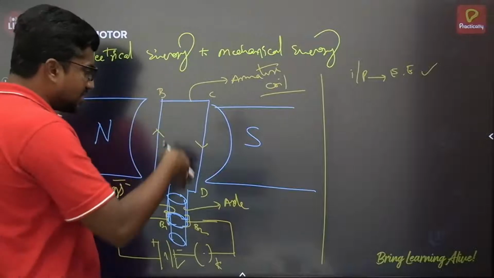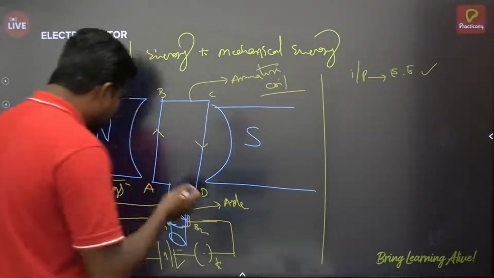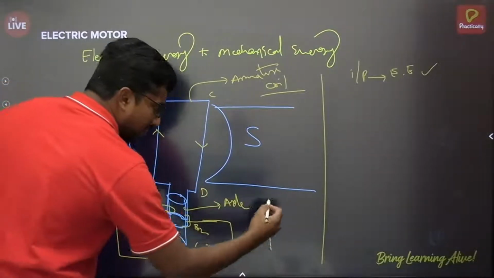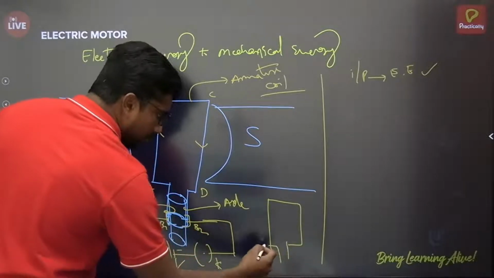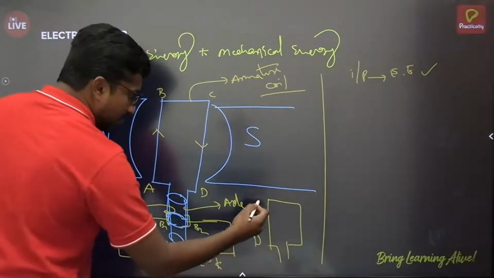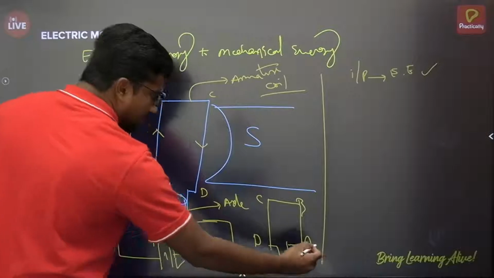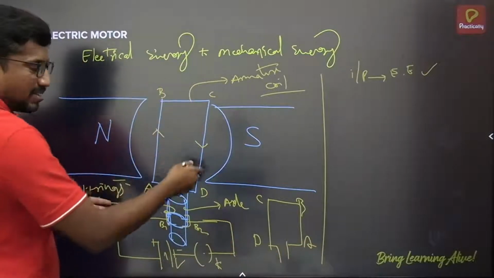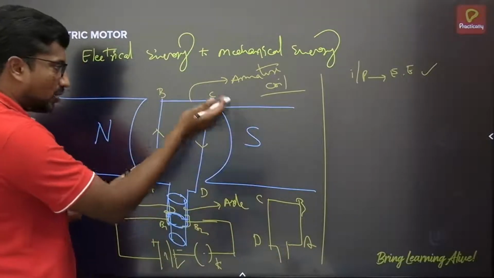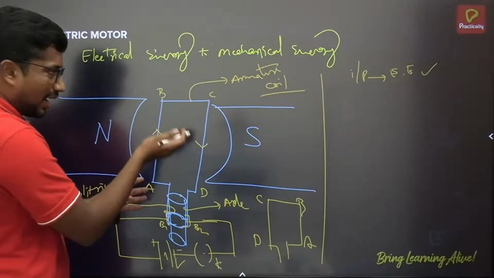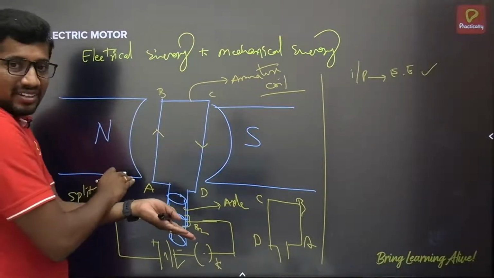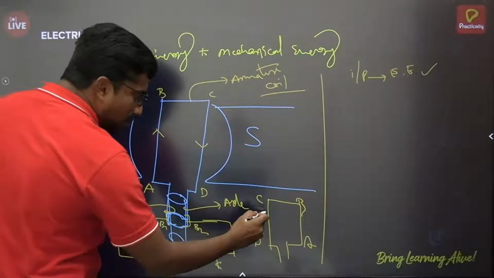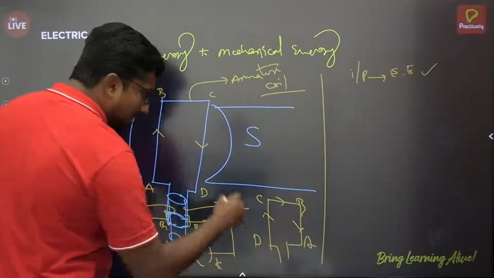Now after half rotation it will be like this: D, C, B, A. In the beginning it is ABCD. After half rotation, the left side becomes right and right becomes left. Now current will flow from D to C, C to B, B to A, DCBA.